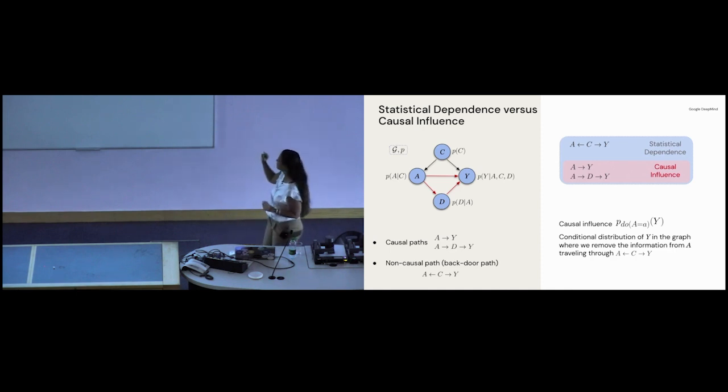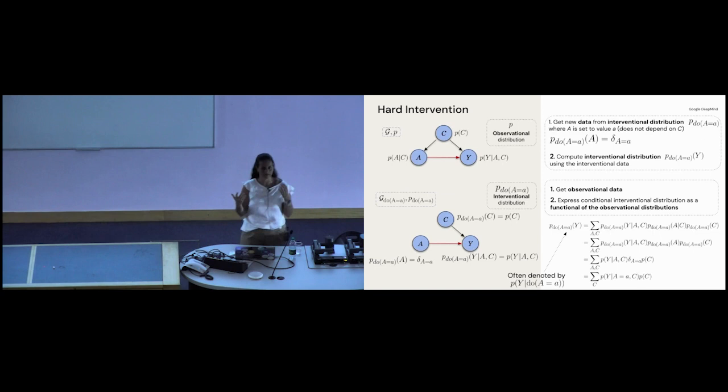This is the conditional distribution of y in the graph where we remove the path that we don't want, the spurious path, or the backdoor path. So we remove the information that flows from A to Y through C, through the spurious path. But how do we actually compute this P of Y given do of A?